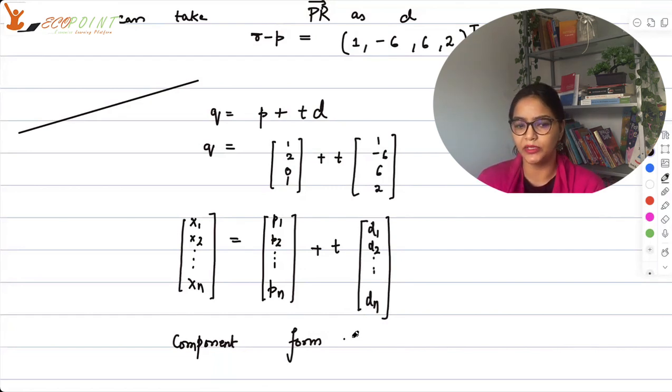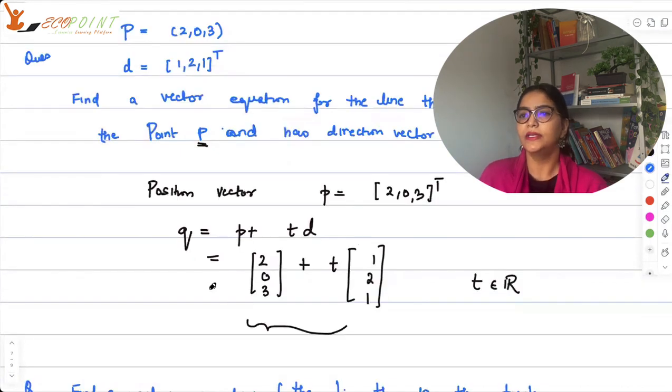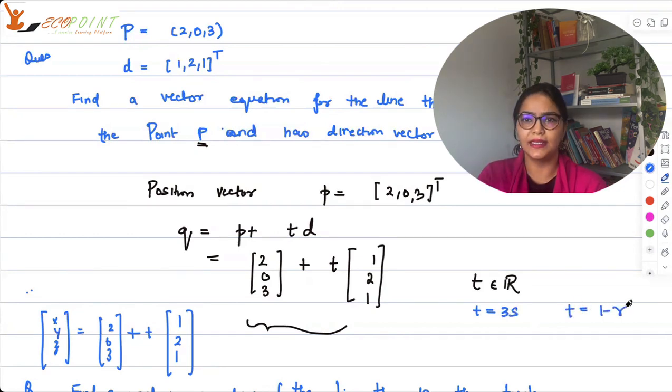Because you do have a component form of the vector equation, you can even change parameters. For example, if I come back to the example that we took, here we can say that (x, y, z) is equal to (2, 0, 3) plus t times (1, 2, 1). Suppose I want to change the parameter so that instead of t, I want it to be 3 times some s, or instead of t, I want it to be 1 minus, say, r.